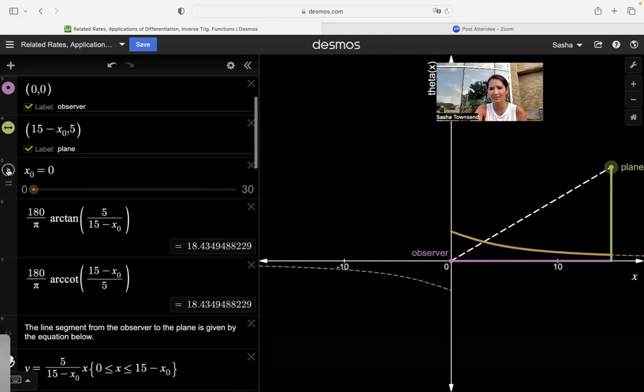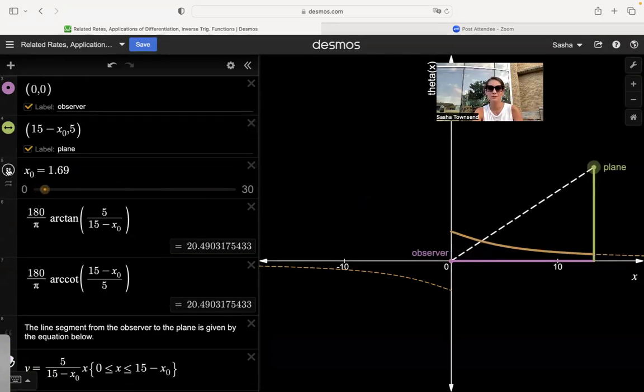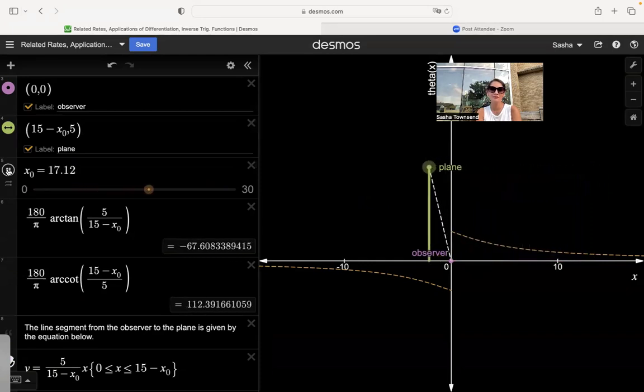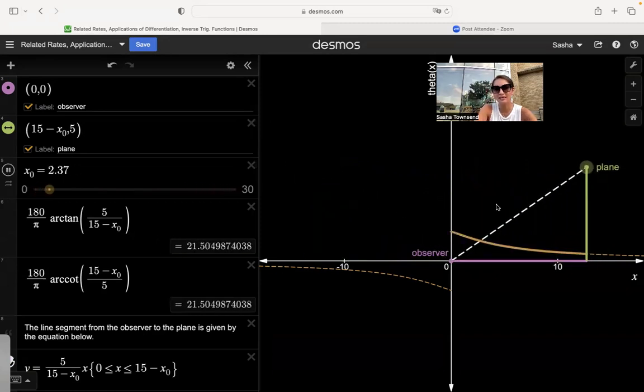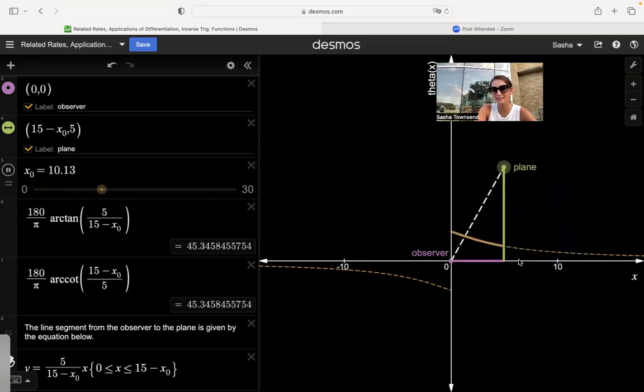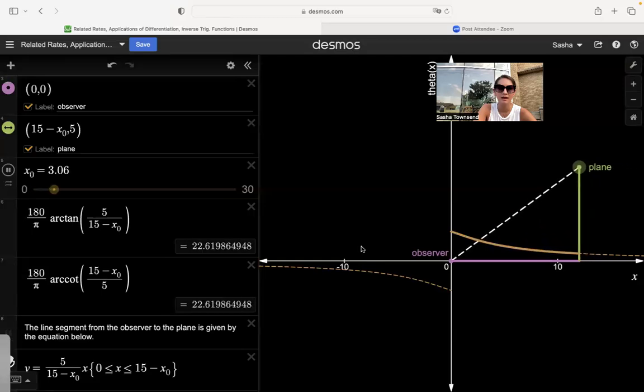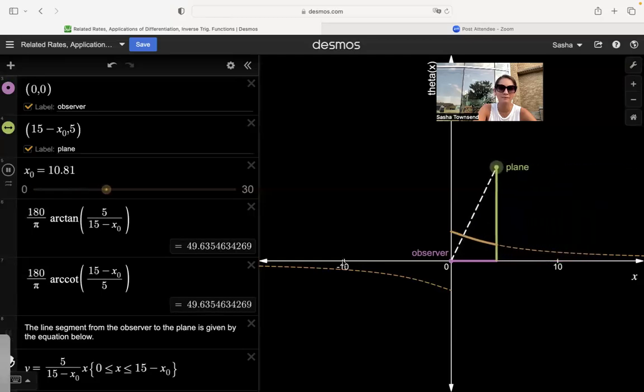So as x naught increases, that plane gets closer to us. It's just flying over our heads, and then we look at it above our heads, and then we look behind us. And that angle theta is measured from the positive x-axis to that point. So theta is actually going from 0 to some number that's larger.